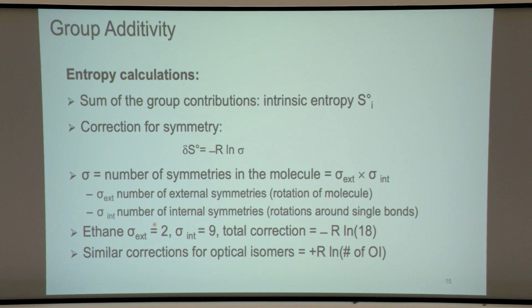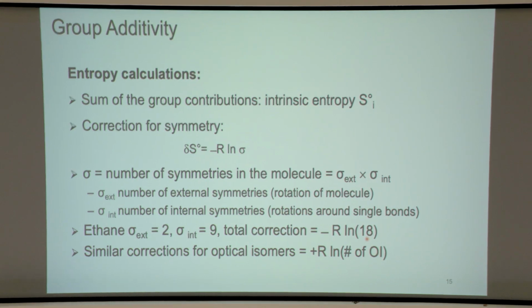If it rotates on whole axis, its external symmetry is 2. And our rule of thumb is every methyl group in a molecule is a rotor, and it can rotate. And every time it rotates, it contributes an internal symmetry of 3. So ethane has 2 methyl groups, so 3 times 3 is 9. And then 9 times 2 is 18, so the total correction here is minus R ln 18.